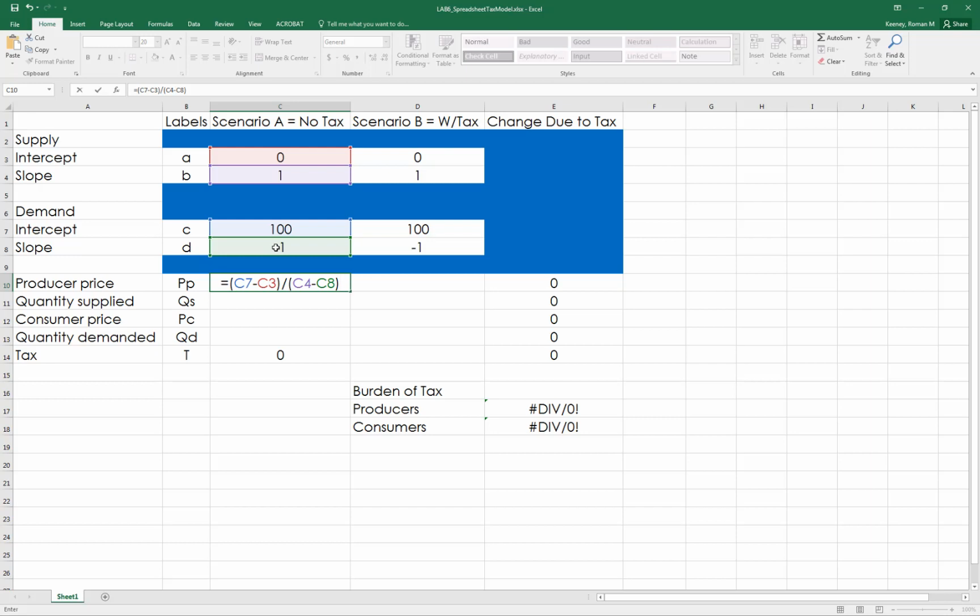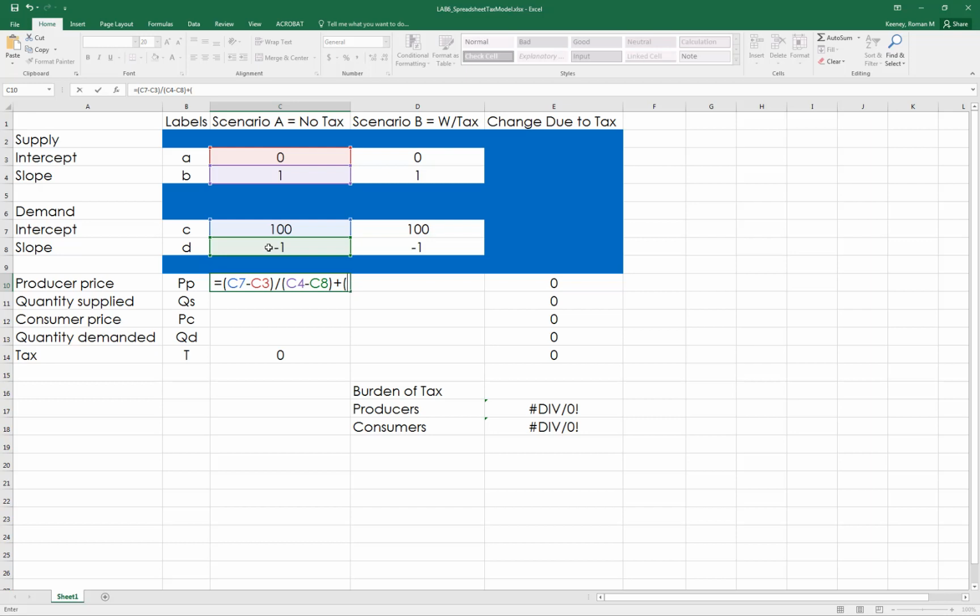So it's plus, and if you look at that tax factor, that incidence factor for the producer price, we need an open parentheses. It is the demand slope. It's the negative factor because producer prices get pushed down. They get smaller as the tax gets larger.